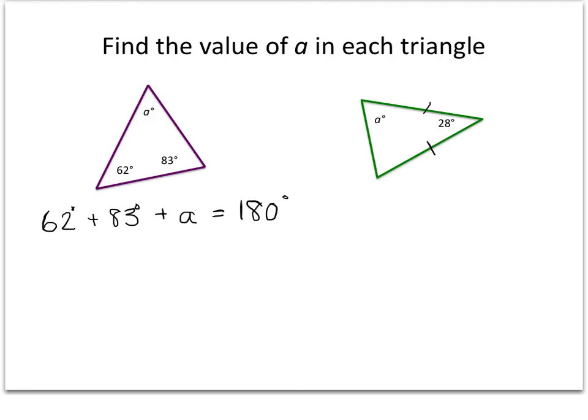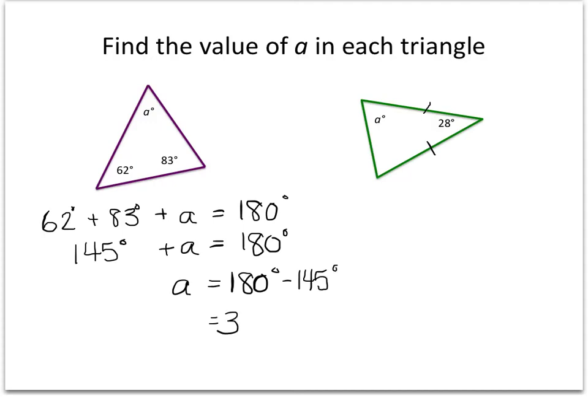So to work out A, we can add the other two angles together. So we get 145 degrees altogether on this side, plus A equals 180 degrees. And to work out A, we're going to subtract 145 from 180. And that gives us A equals 35 degrees.